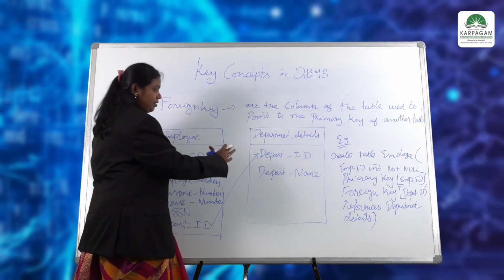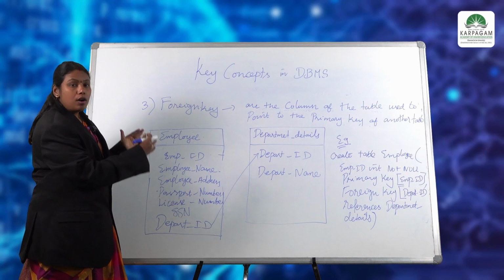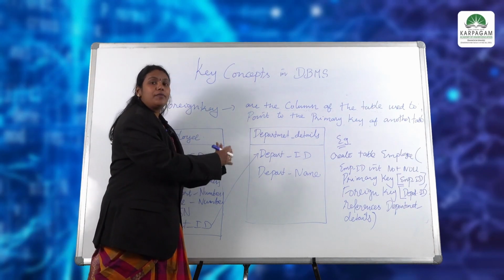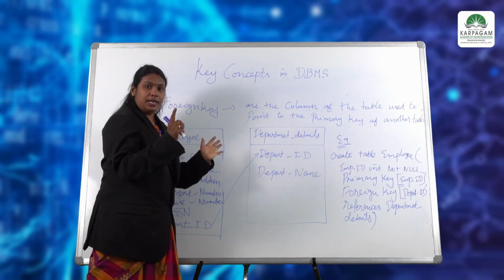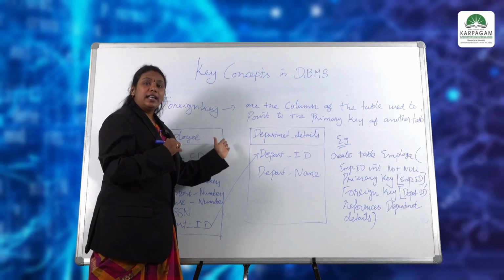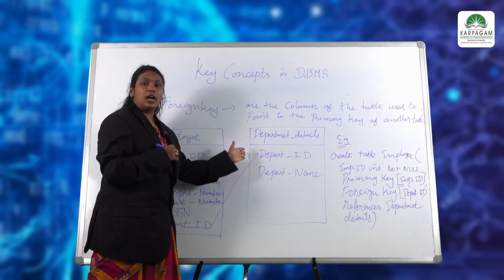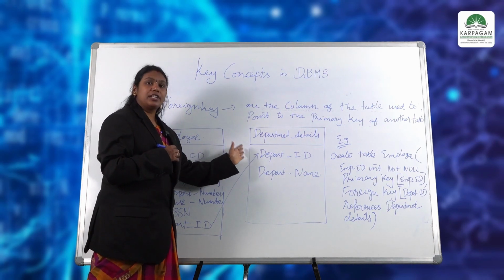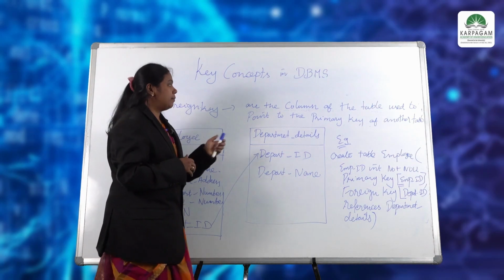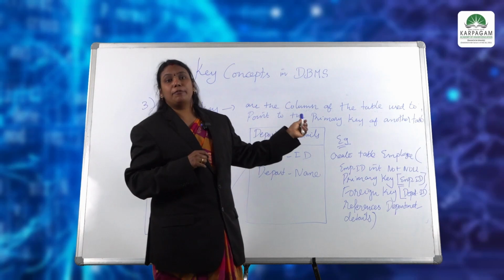In the concern, all the details and fields are allocated to the department ID, so we can get the details of a person's department. So we can give a relationship between one table and another table, and through this relation we can get information from one table to another. That is the main concept of foreign key.